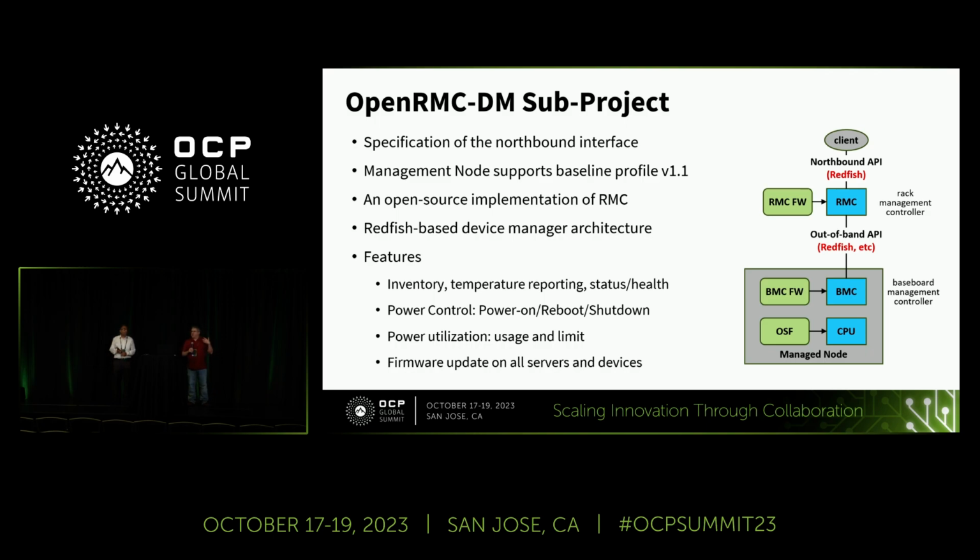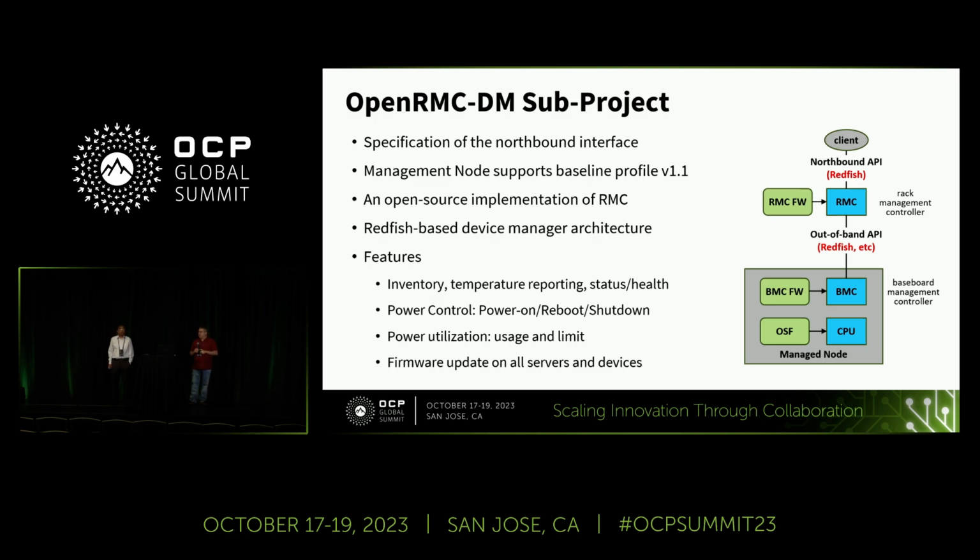It defines that API, and it also specifies the requirements for any device that is being managed by a rack manager. It defines the individual pieces that need to be reported for a device to be a good citizen in that rack ecosystem.